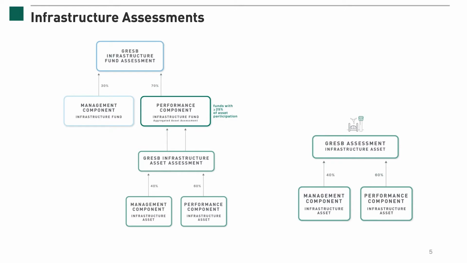For the asset assessment score to contribute to the performance score of a participating fund, the fund must be linked to the asset. There is a simple process for this that is described in detail in the lesson called Fund Assessment Performance Component.